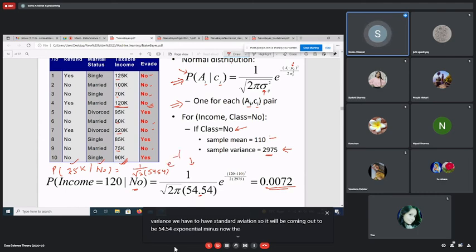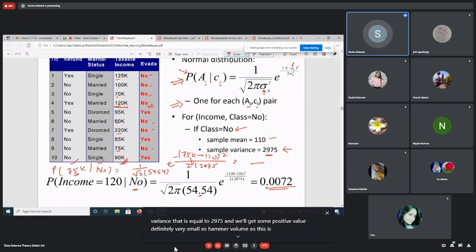Now the value is 75k, so it will be 75k minus the mean, that is 110, whole square divided by twice of variance, that is equal to 2975, and we'll get some positive value, definitely very small. So हमें यहाँ पर वो value मिल जाएगी.